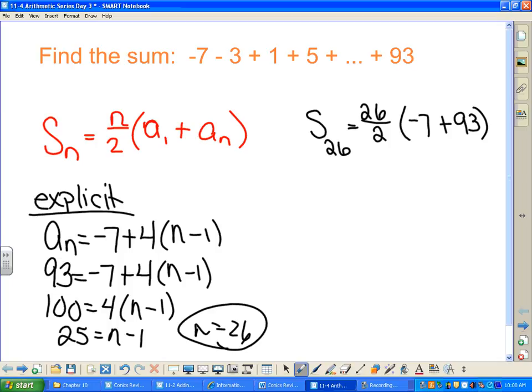Now this is just a pretty simple problem, right? 13 times, or what, 86? And is that 1,118? Okay? It is. All right. So does that make sense with this?